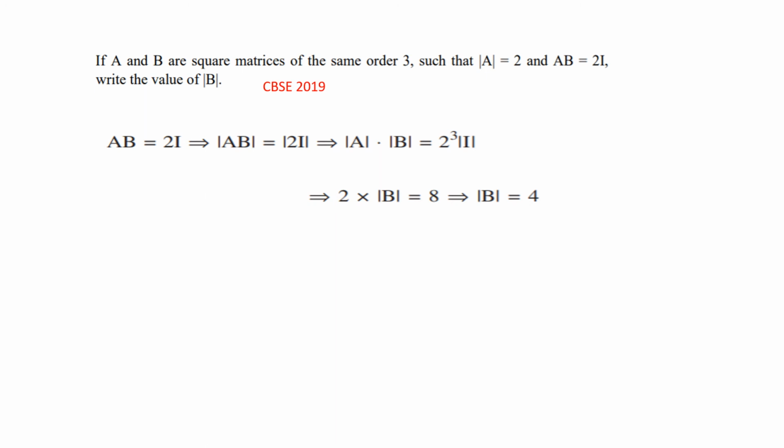Next we have one CBSE question. This was a simple one. If A and B are square matrices of order 3 such that determinant of A is 2, AB is equal to 2I.